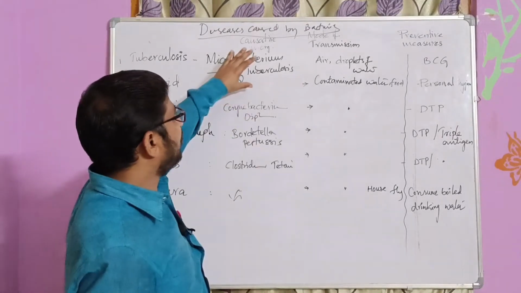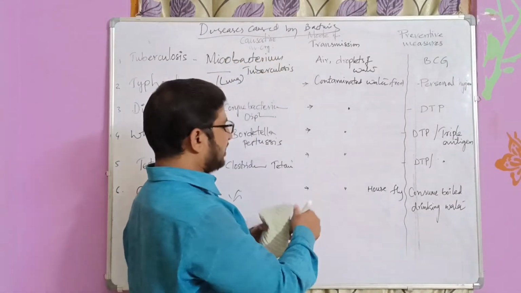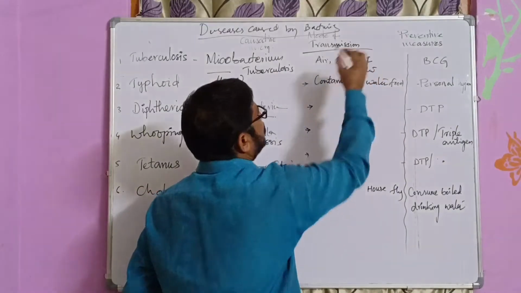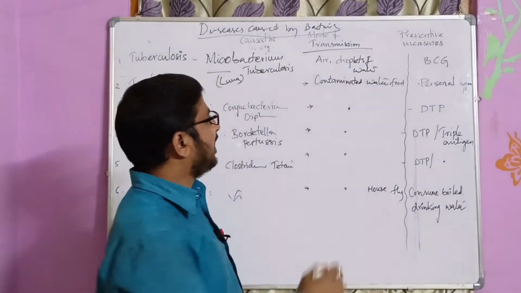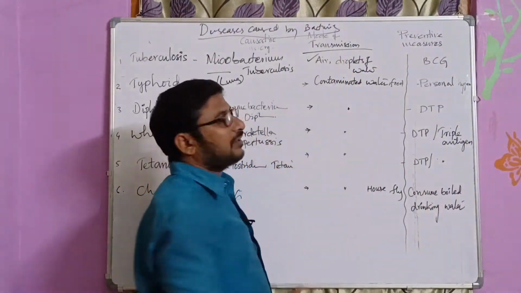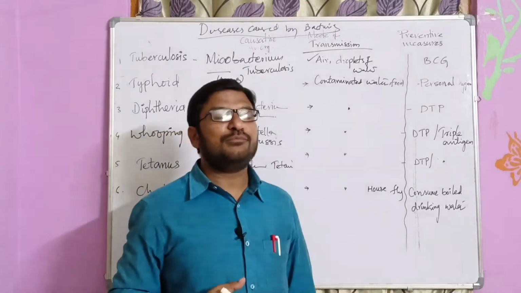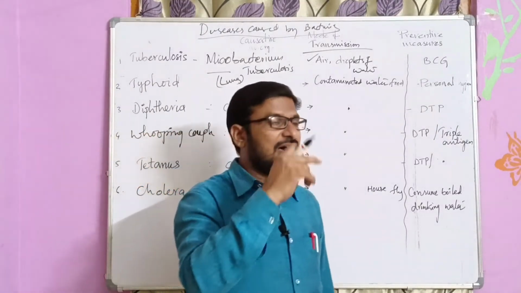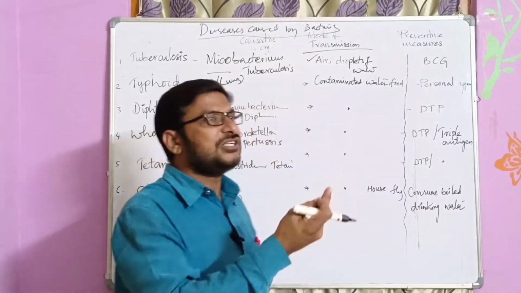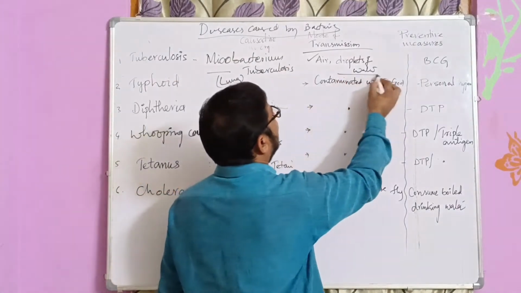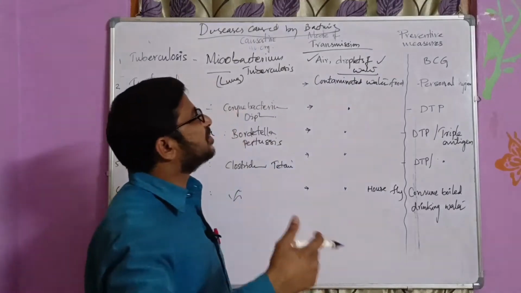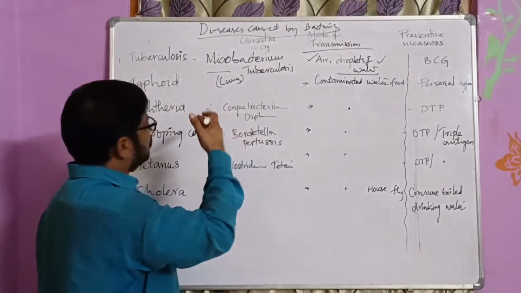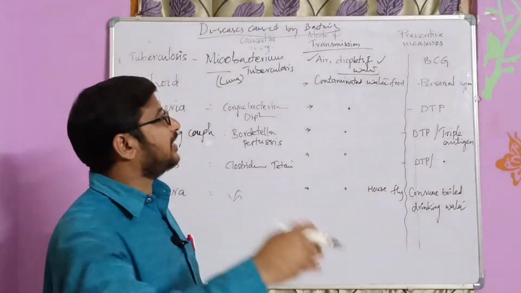And the main mode of transmission, how it is transmitted from one person to another, is mainly through air. For example, if a person suffering with tuberculosis sneezes or coughs, the droplets of water also cause transmission of the disease from one to another.